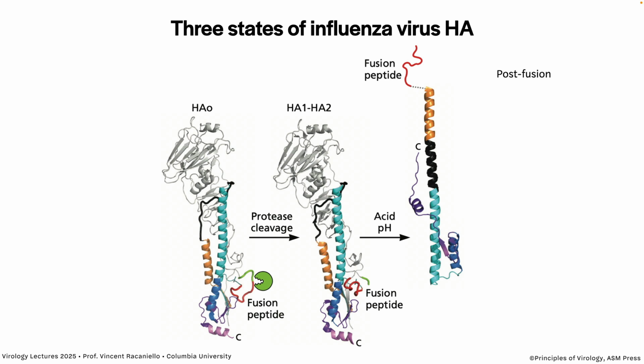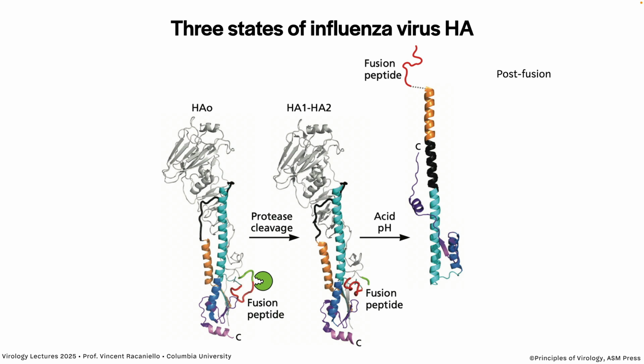There's one other regulation besides acid pH, and that is protease cleavage. The fusion peptide is not free at the N-terminus until a protease comes along and cuts it. So if you subjected this molecule to low pH without cutting it, the fusion peptide would not be able to reorient.